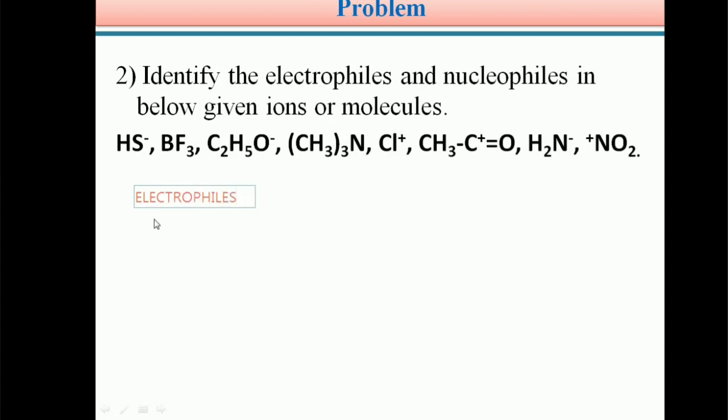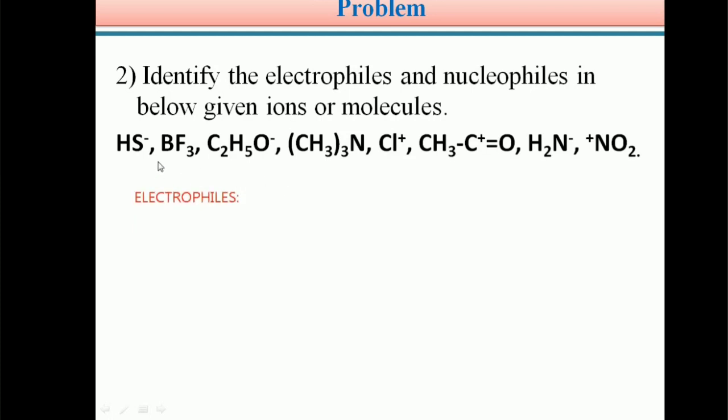So students, we know electrophile means electron attracting, which readily attracts the negative charge. Therefore, an electrophile has an electron deficient nature or a positive charge. So in the given list of molecules or ions, identify the electron deficient compounds or the positively charged species.